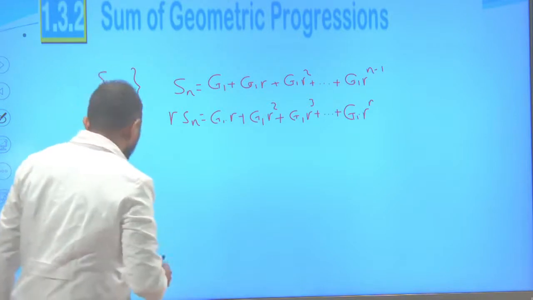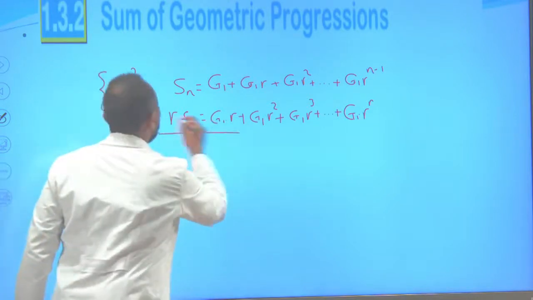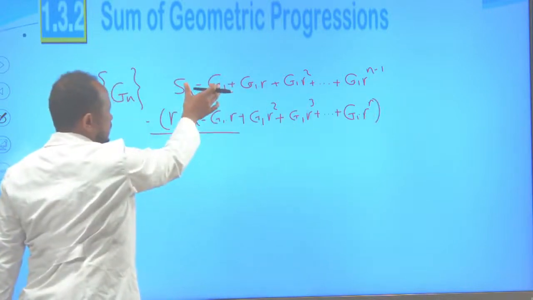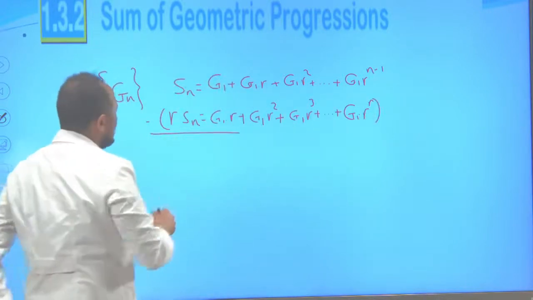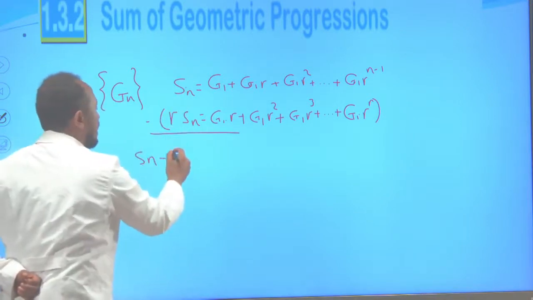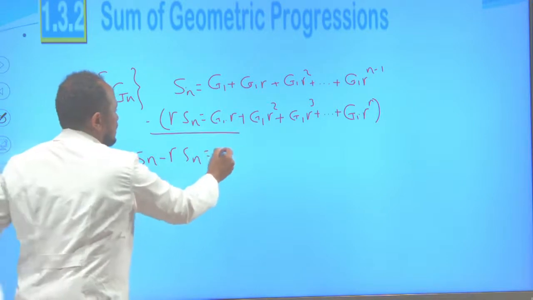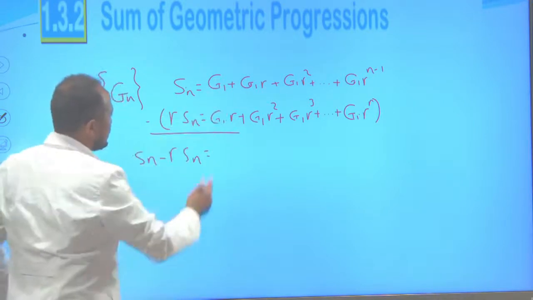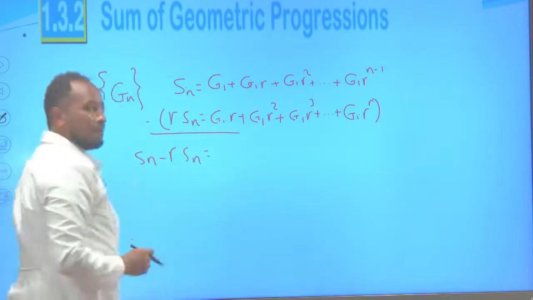Next, simply subtract this part from this part. So you have Sn minus r times Sn equal to, when you subtract, the whole part becomes negative.